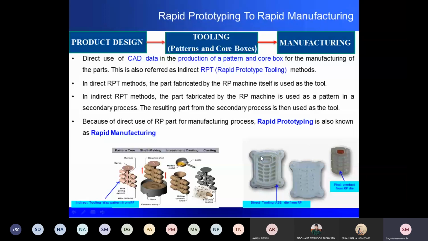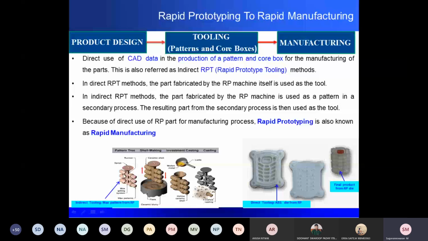So here also, this part is not a prototype. This part is used as a tool to manufacture this. So it is also a manufactured component. But what is the difference between the previous case and this case? In the previous case, it is used as a pattern. From a pattern, I get a cavity. From a cavity, I get a final component.